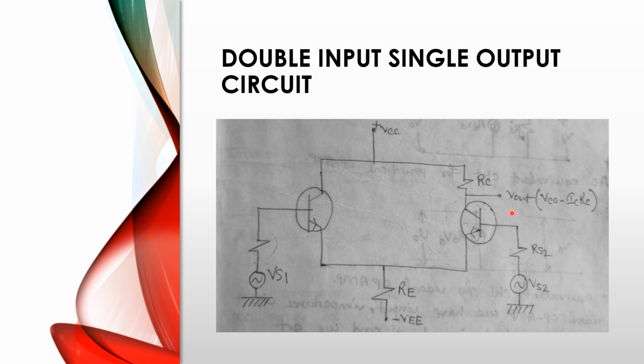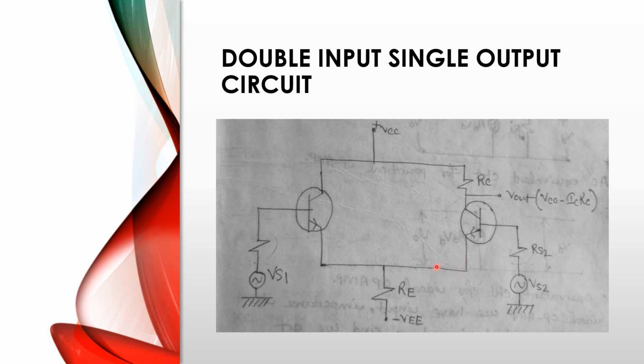So when Vs1 increases, that means the emitter current of the left transistor increases. This increases the voltage at the top of the RE, which is equivalent to decreasing the VBE of the right transistor. This is the VBE voltage of the right transistor.